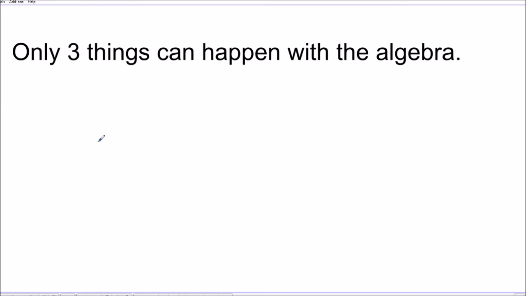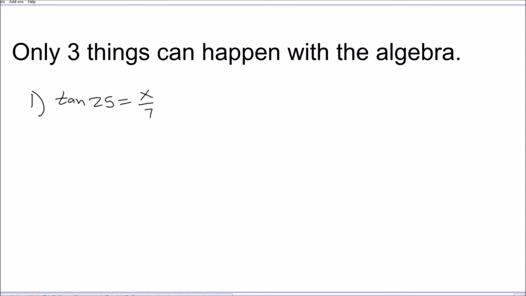Okay. Now, people start to get a little bit overwhelmed with the algebra. So before we get into a bunch more exercises, I want to stop here and make sure you understand that there are only 3 things that are ever going to happen in one of these geometry trig problems with the algebra. The first thing that can happen is exactly what just happened. Where we have something like tan 25, and folks, I'm making up the numbers, I'm just making them up so you can see what happens with the algebra, equals x over 7.